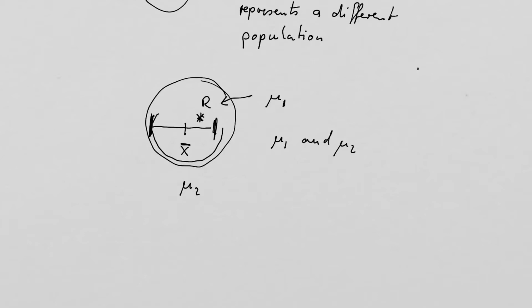are equivalent. We cannot distinguish between them, and that means that we could be talking about two different populations, but we also could be talking about one and the same population, because at the end of the day we don't know where mu2 is located.